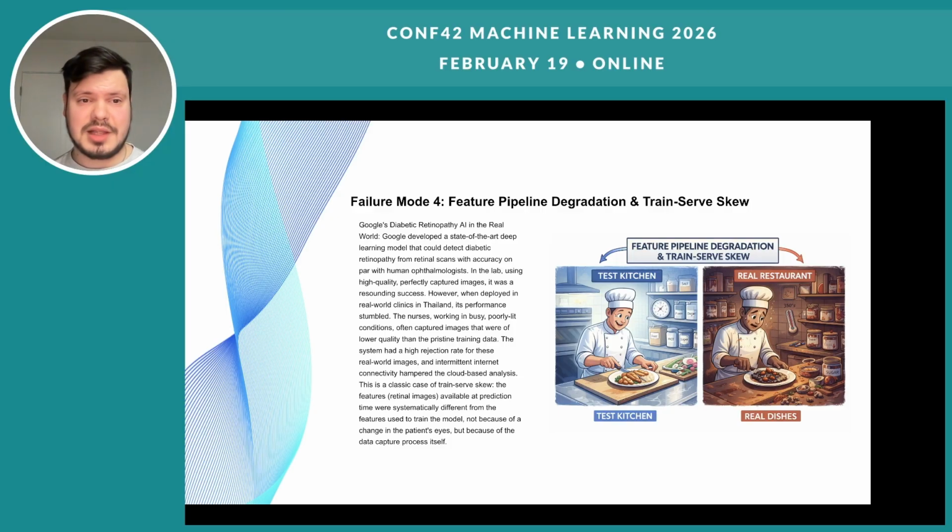As I said, in the lab they used high-quality, perfectly captured images, but in reality, when the model was deployed in a clinic in Thailand, its performance dropped, because the nurses working in busy, poorly lit conditions often captured images in much lower quality, leading to model misclassifications. This is again an example where the environment has been compromised, leading to feature pipeline degradation.